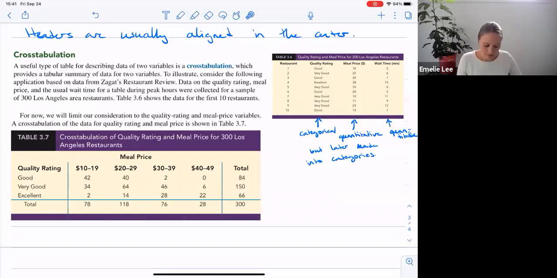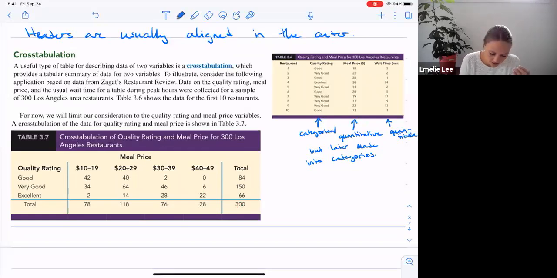So in terms of reading this crosstab, this says that we had a sample size of 300. The 300 here is the total number of restaurants that we've considered.